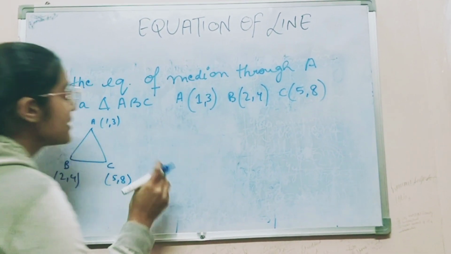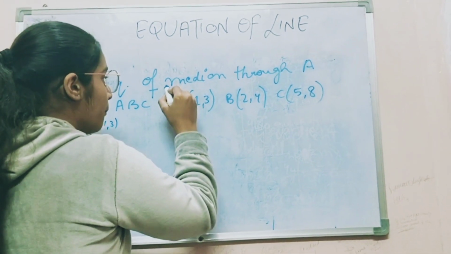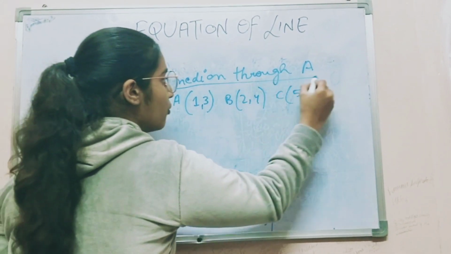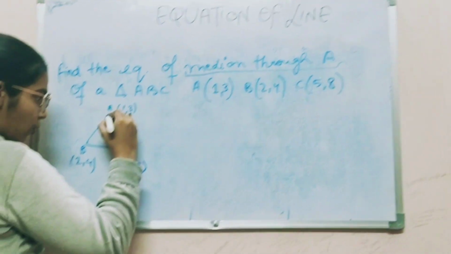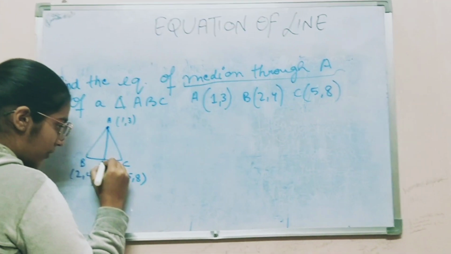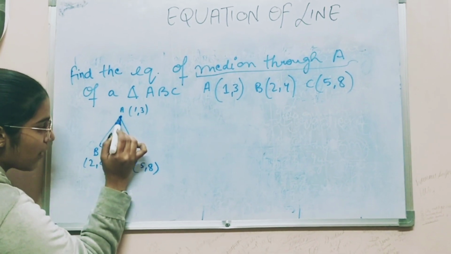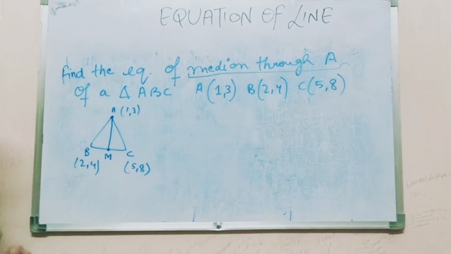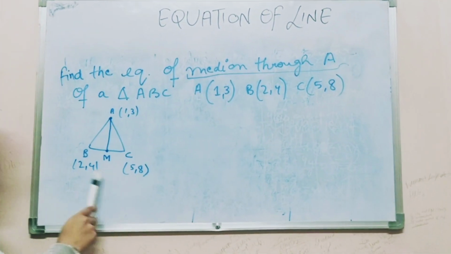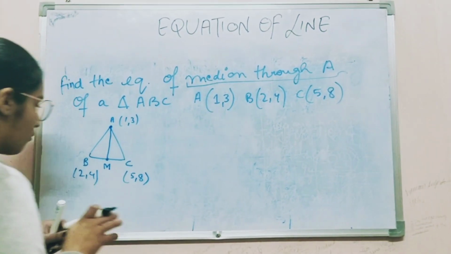So here you can clearly see that in the question the word written is median passing through A. So we know that the median is passing through this point, this A. So the median will be somewhat here, because it's passing through A. So now we can easily find the value of M by applying the midpoint formula.